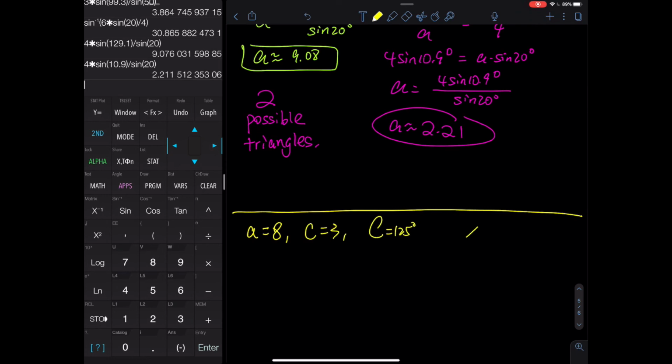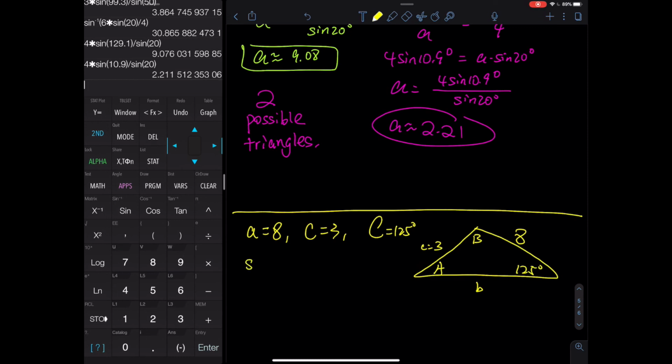We draw a triangle first. Again, it doesn't have to be perfect. We have A, B, and then 125 degrees. Opposite of A we have a, opposite of C we have 3, and B we don't know. All right, so since we know the full pair for C, let's use C.